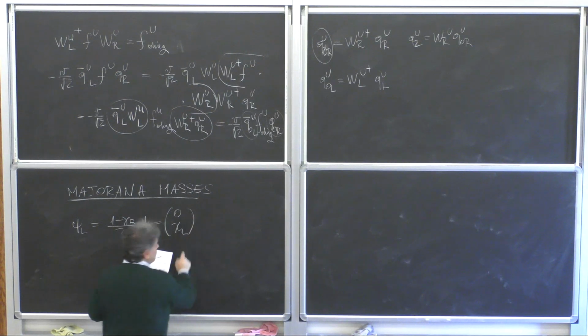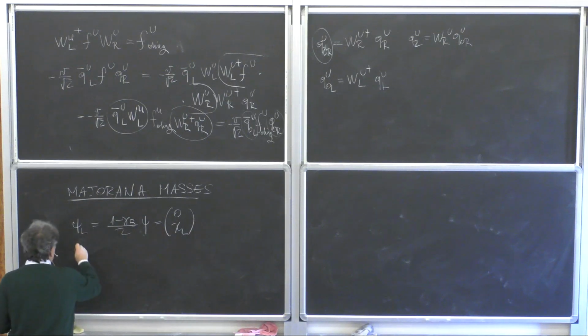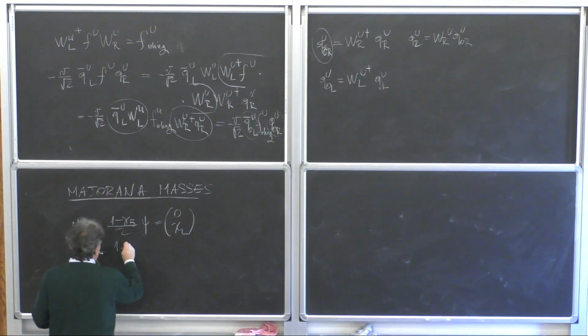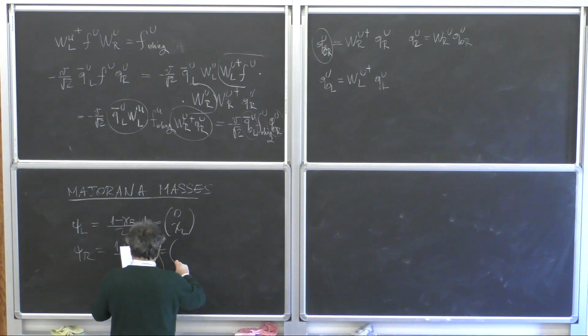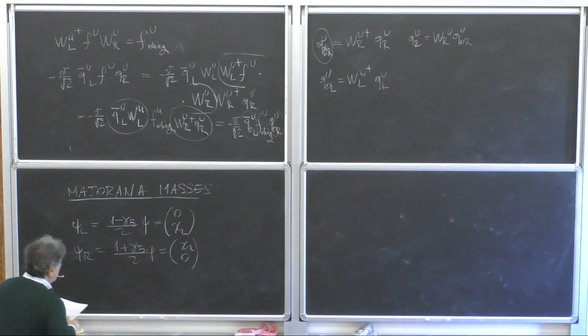Let's put a left here, because the lower components correspond to the left-handed field, and the upper component, let's call it chi R, corresponds to the right-handed field.